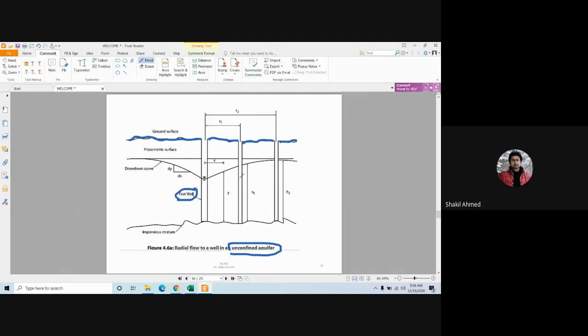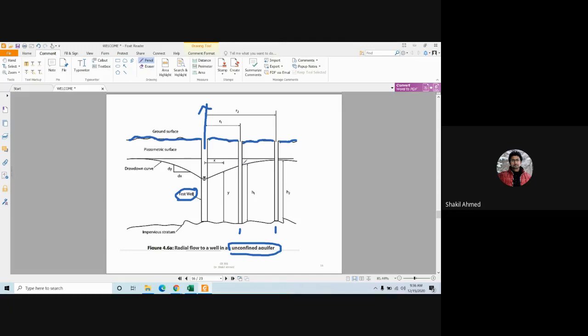Now you have two more. From this well, you are extracting the water. Now you have two other wells, one here and another one here. These two wells are just observation wells.